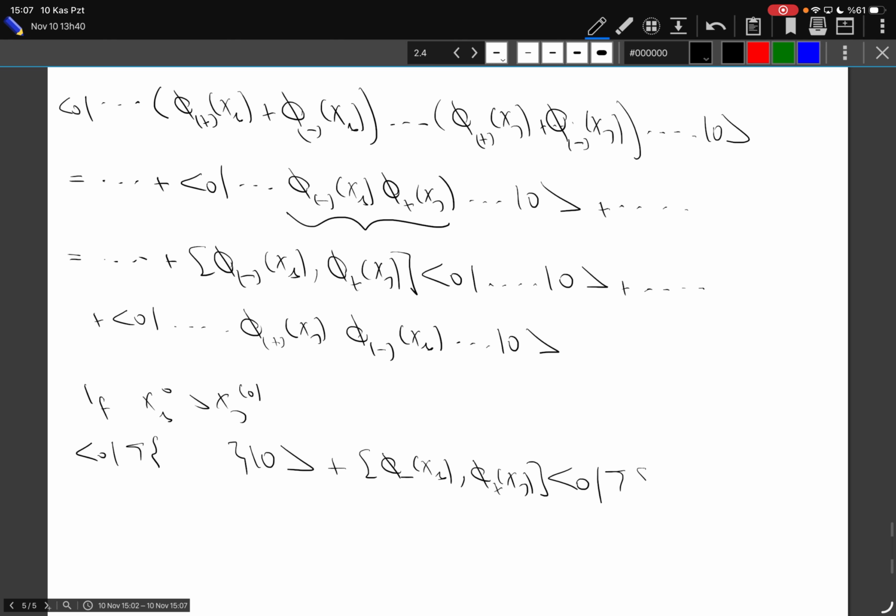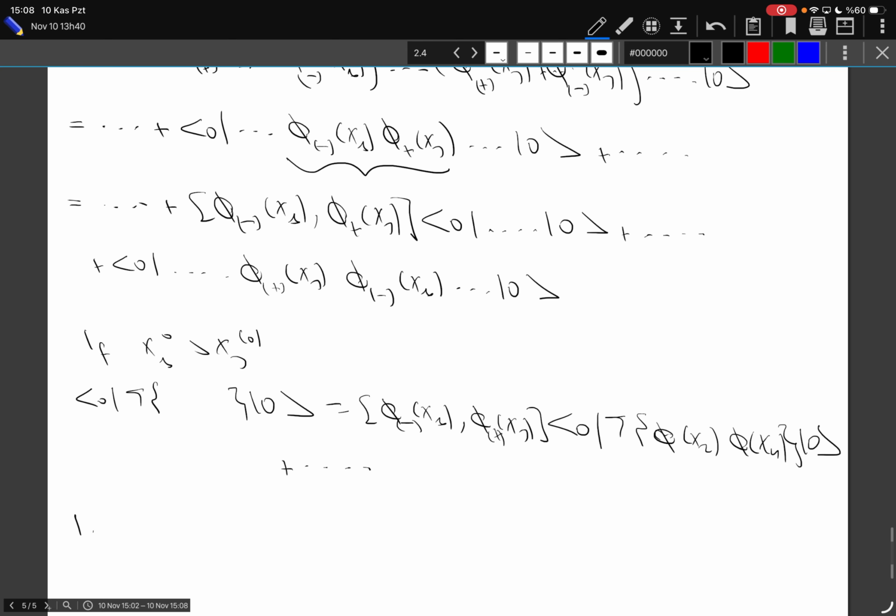Inside, I will have phi of x2, phi of x4, and then I will have other terms which do not involve the commutator of phi x1 and phi x3. Remember, this is if x1 is larger than x3.